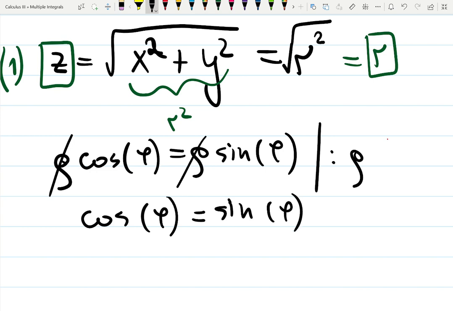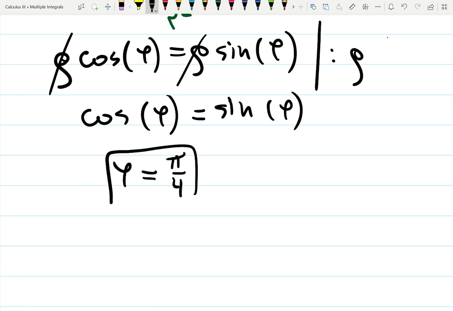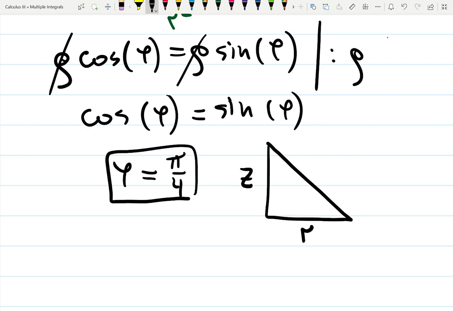When tangent is 1. Or basically you can figure out just one angle when they are equal. On the restricted domain, phi is pi over 4, just like you said. That is coming from this triangle, that r in 2D matches with z height. And then this line cuts it through to create the cone.